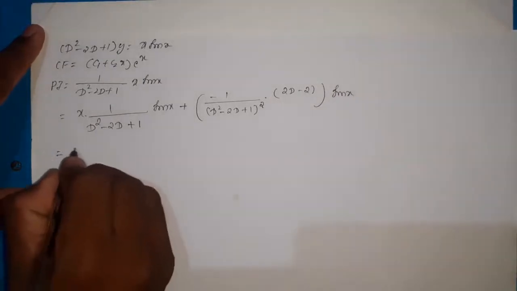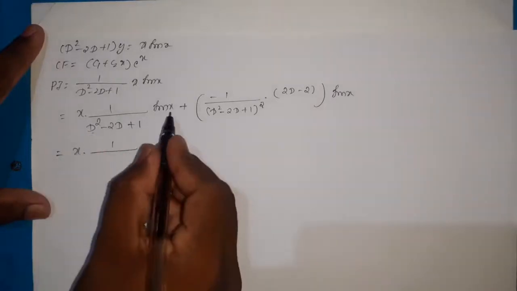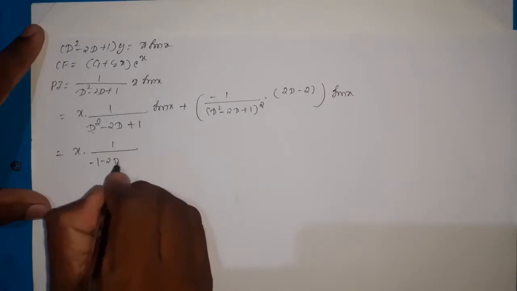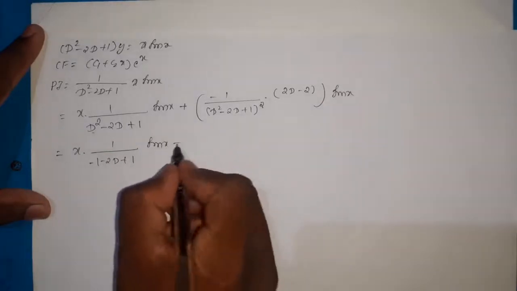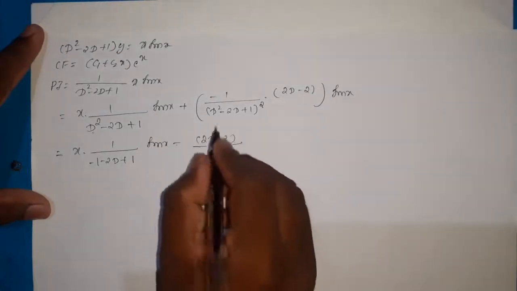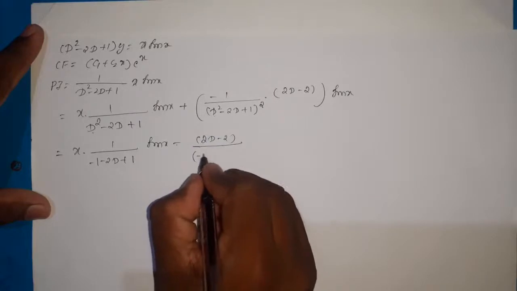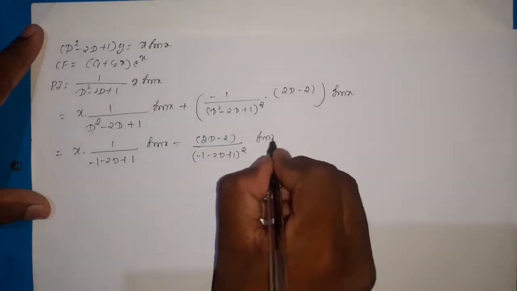So here x into 1 divided by D square is what? Minus 1 minus 2D plus 1 sin x. Here minus 2D minus 2 divided by D square is minus 1, so minus 2D plus 1 whole square into sin x.